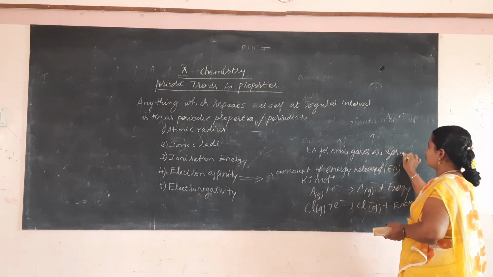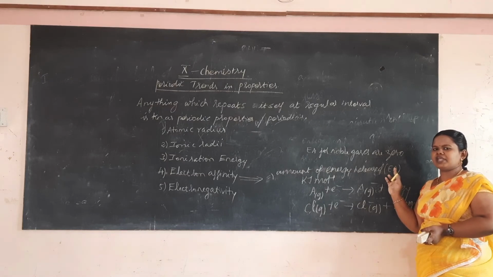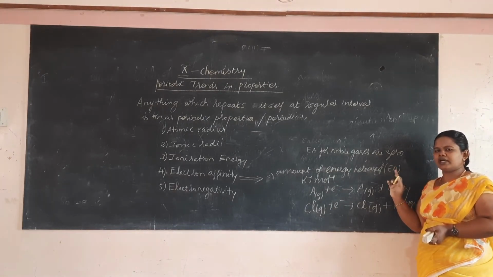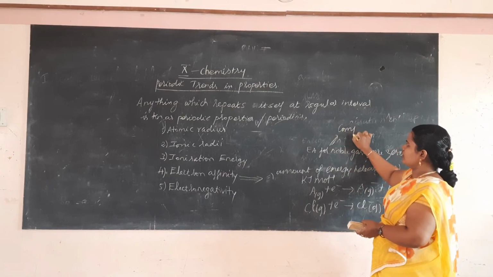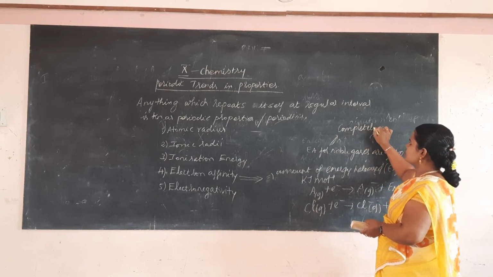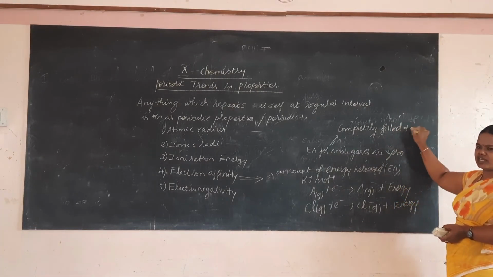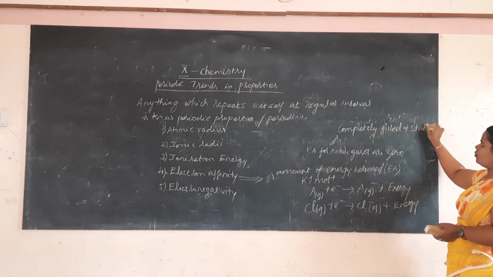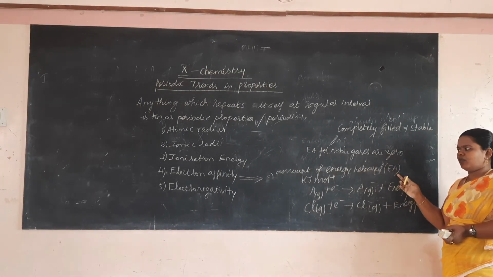This is a very important point you have to remember while you are learning. Why is the electron affinity for noble gases 0? We know that noble gases have a completely filled configuration. That is, all the orbitals are completely filled. Since it is completely filled, it is very stable, so we cannot add more electrons.